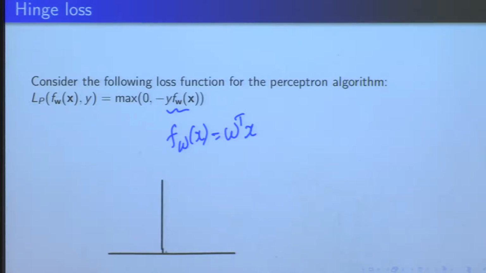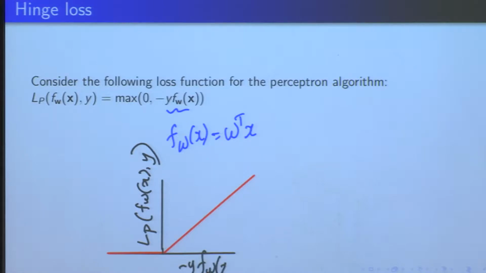So it says that if minus y w transpose x turns out to be 0 or negative, then the loss is 0, else it's exactly this term. On the y axis you have this hinge loss L_P(f(w,x), y), and on the x axis you have minus y f(w,x).